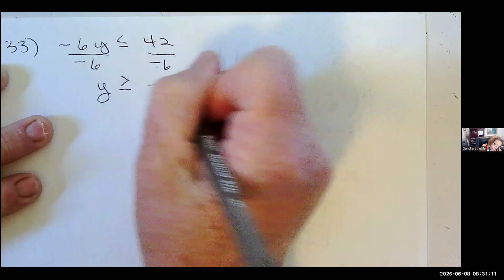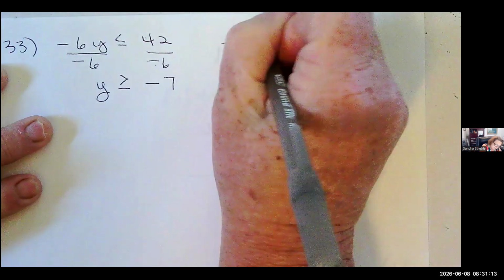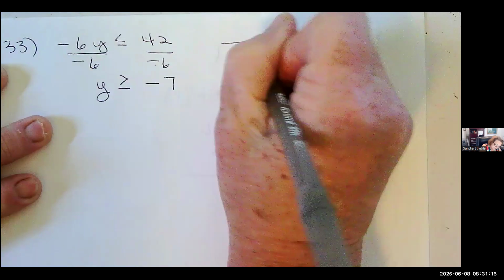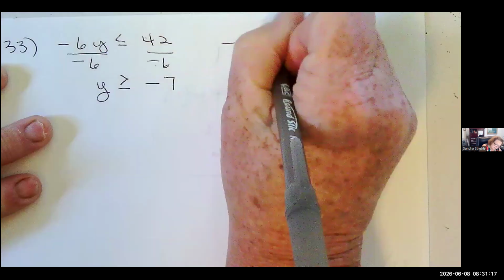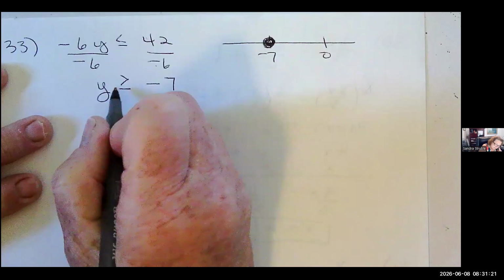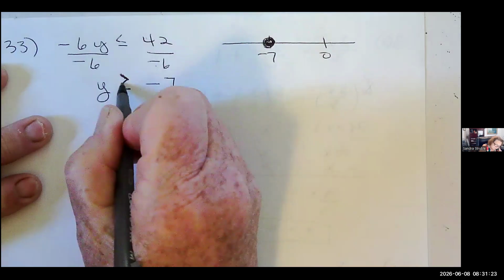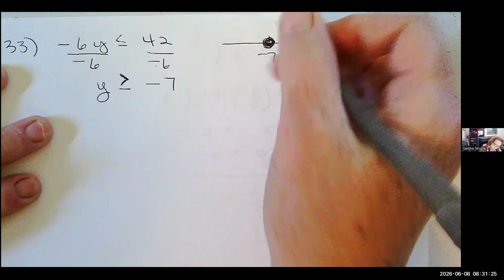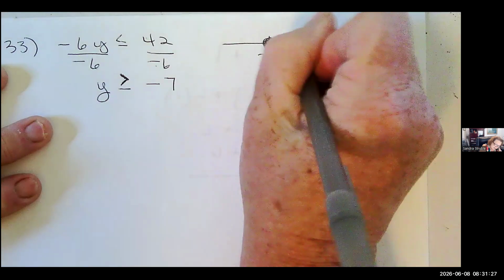My graph, I've got 0. Here's -7. It is included, so it gets a dot. Because I have my variable on the left, I know that my arrow needs to point to the right, as long as I did my math correctly with flipping the inequality. So there's my graph.